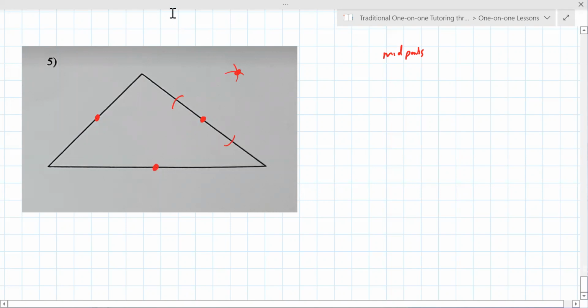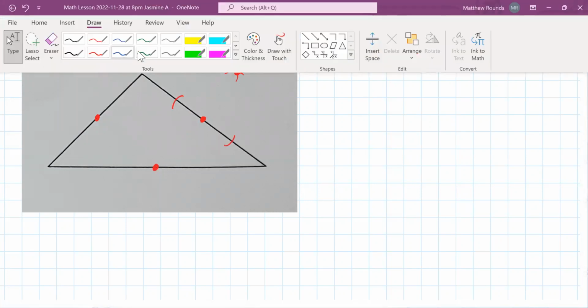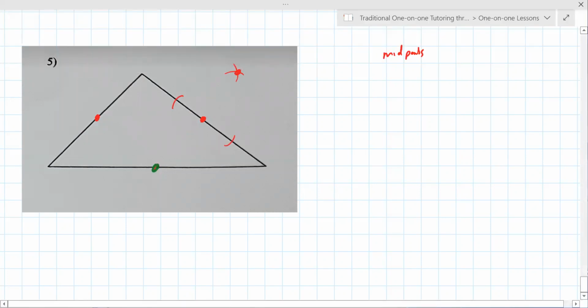Just for the sake of everything getting messy here, I'm going to switch colors. So again, you'd swing an arc, something like that. This green one's kind of clear. And then I'll do this red one here. This red one kind of looks like that.